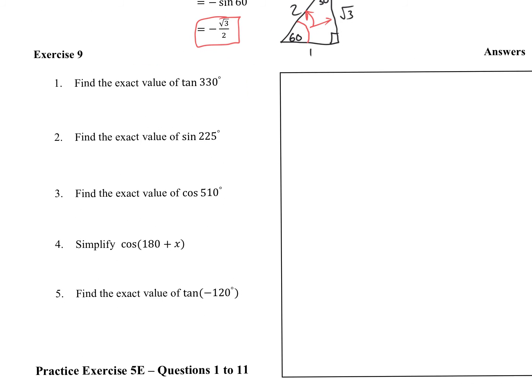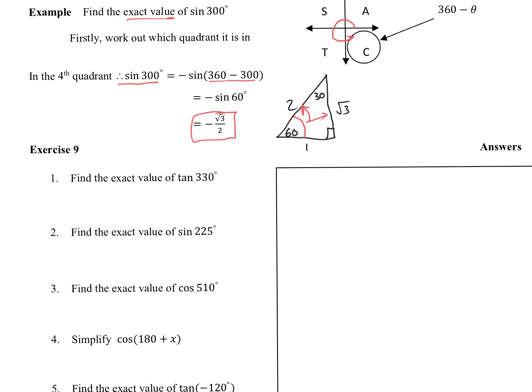So now we're going to have a go at these questions. Find the exact value of tan 330 degrees. Think about how they set it up in here. Which quadrant is it going to be in? It's going to be in the fourth quadrant. Okay, so for question 1, we can say fourth quadrant.